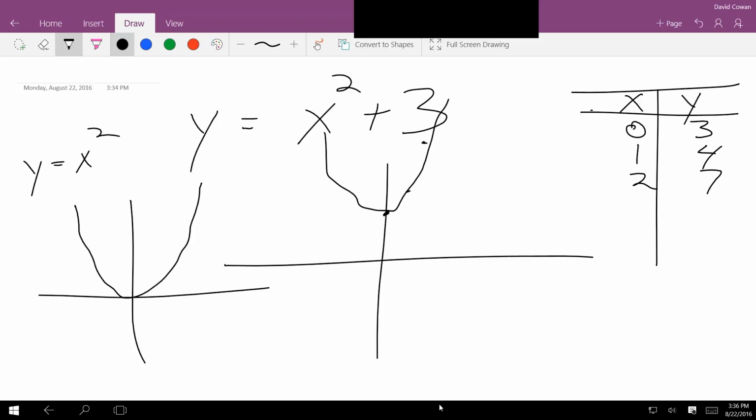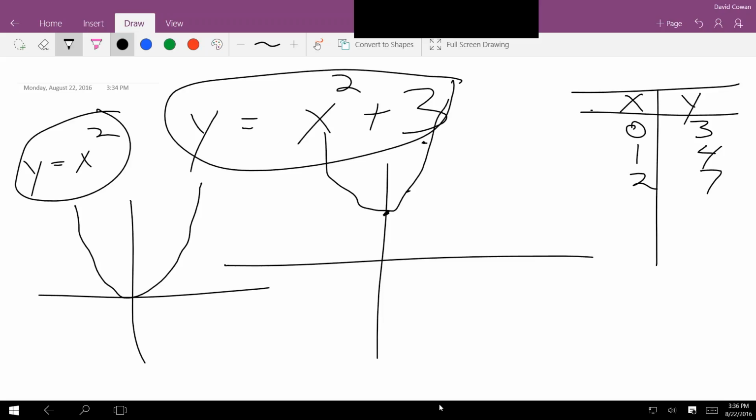In other words, when x was 0, y would be 0. But it would still be a parabola that turns up. If you remember your translations, the difference between that and that should be exactly the same, only this one should be shifted 3 units up.